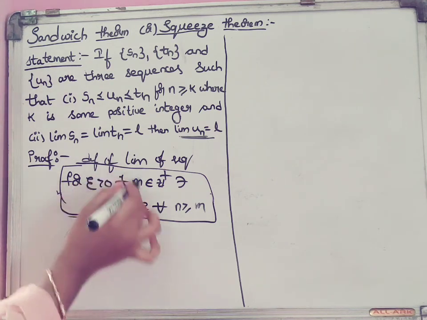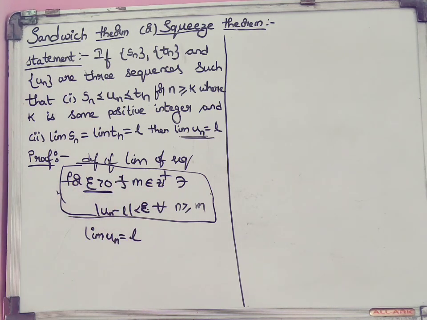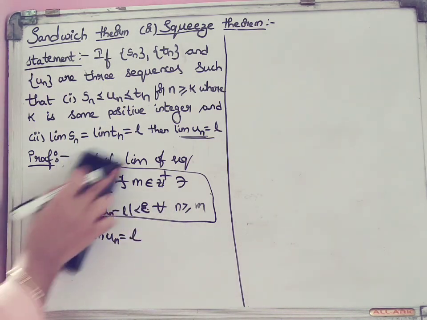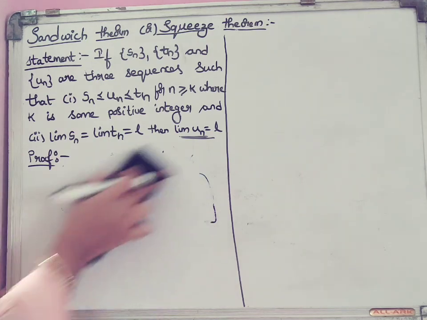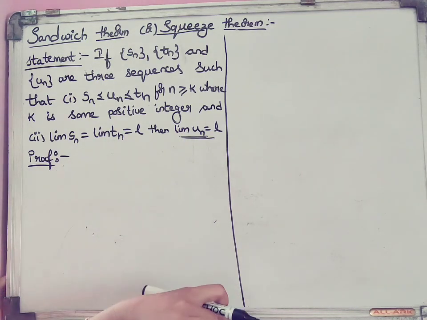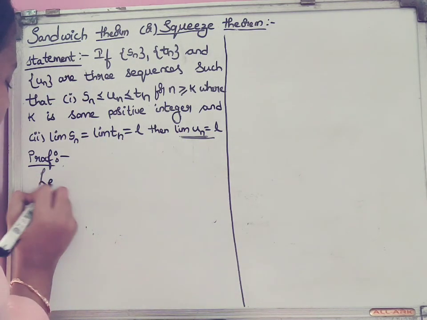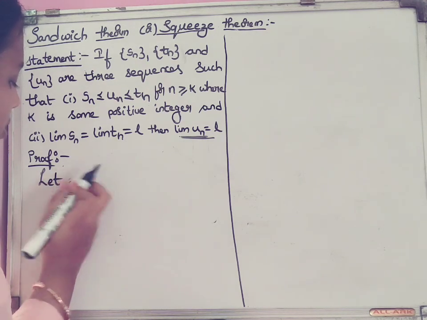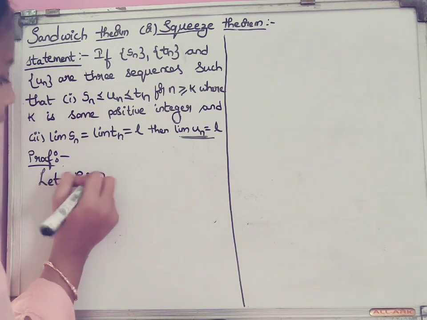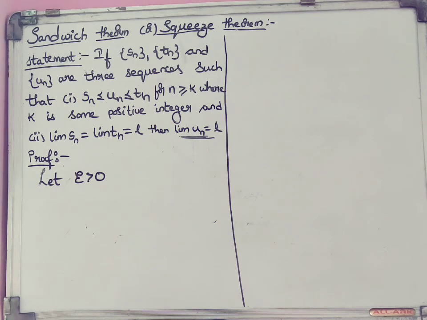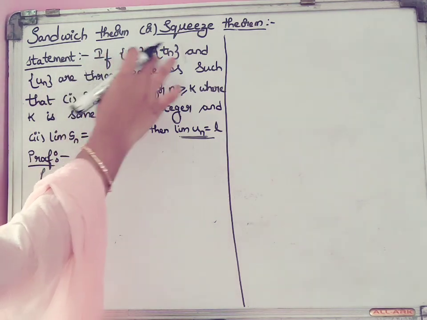So for this we need to consider first epsilon greater than 0. So let epsilon greater than 0. First I am considering three sequences.